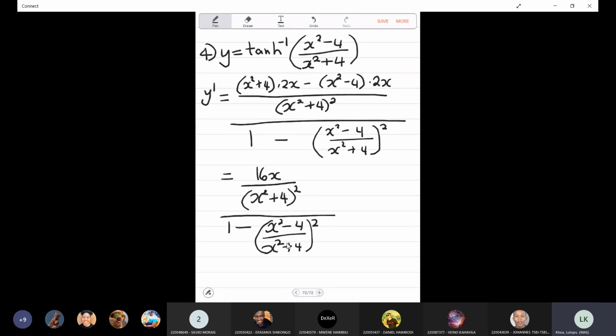Okay, so this one we can still work on a little bit. You have 2 fractions here that are dividing.